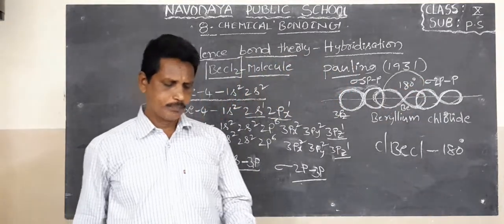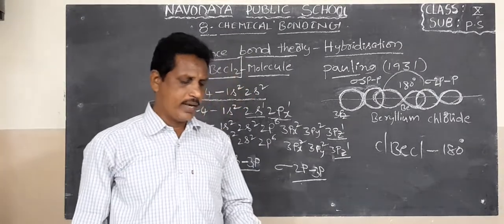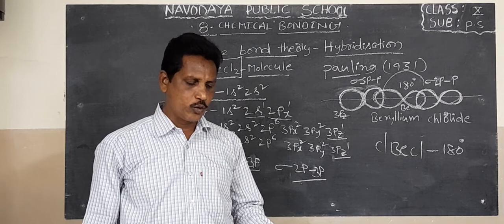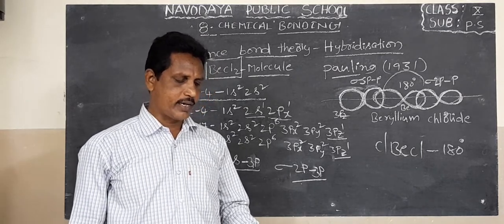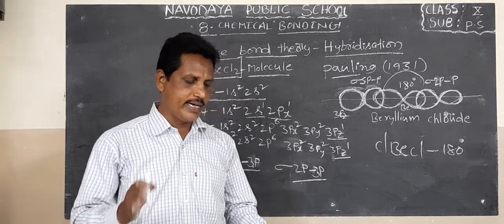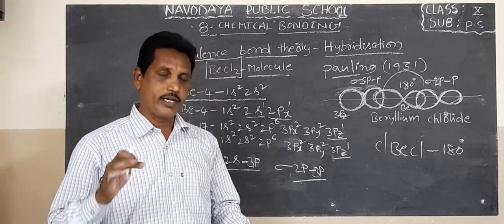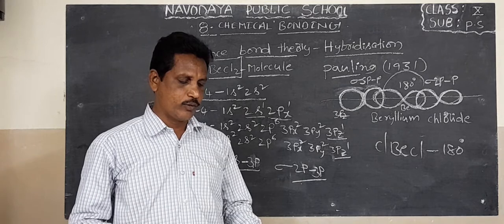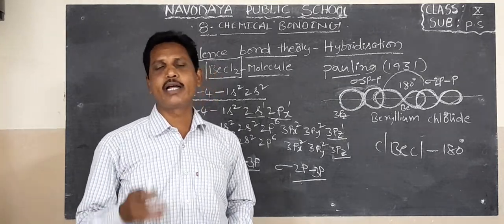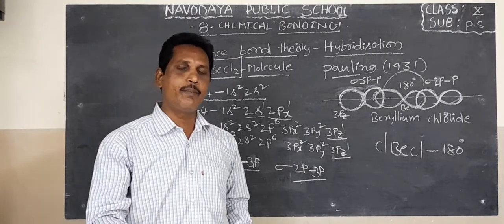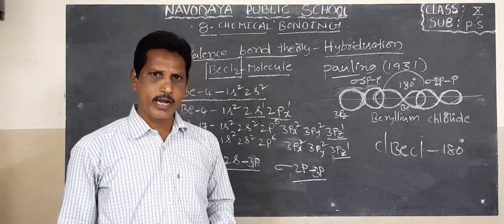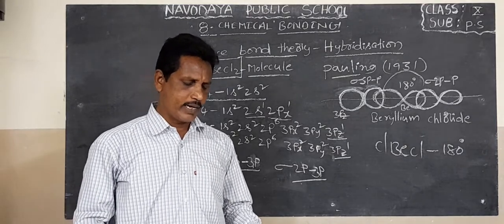So the beryllium atom in the excited state allows its 2s and 2p orbitals, which contain unpaired electrons, to intermix and redistribute into two identical orbitals. As per Hund's rule, each orbital gets one electron. The 3pz orbital of the chlorine atom also contains one unpaired electron.